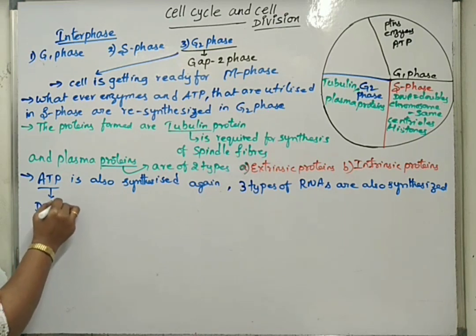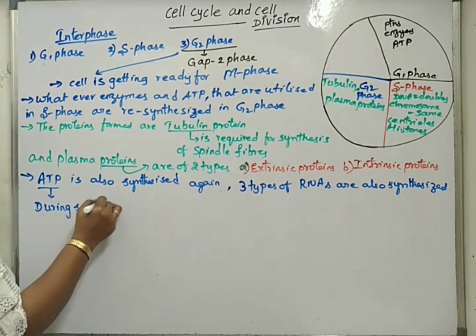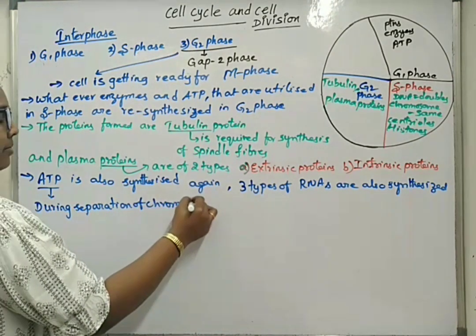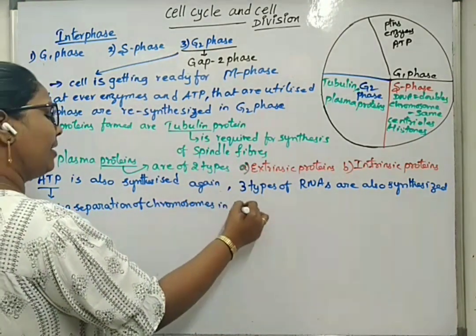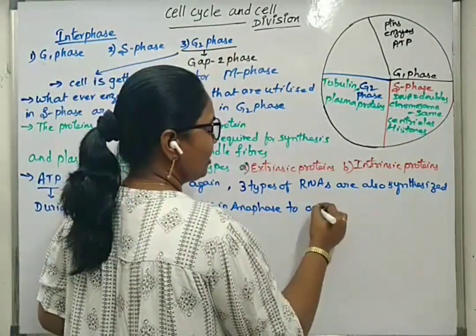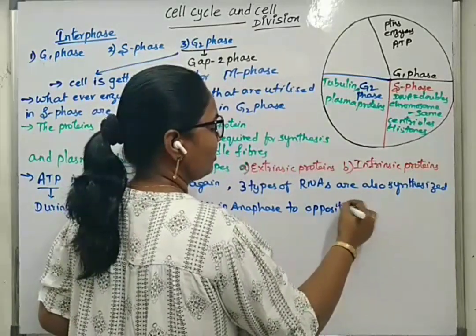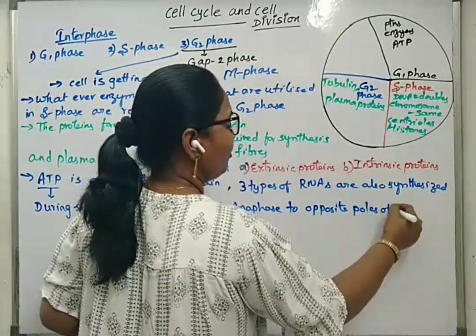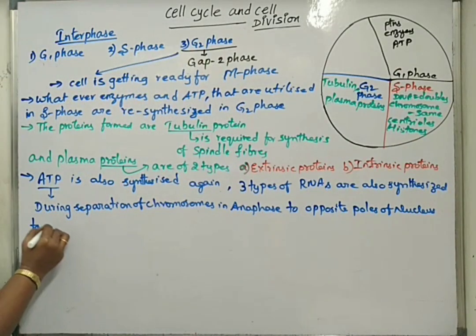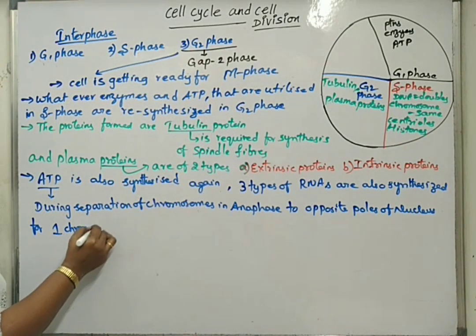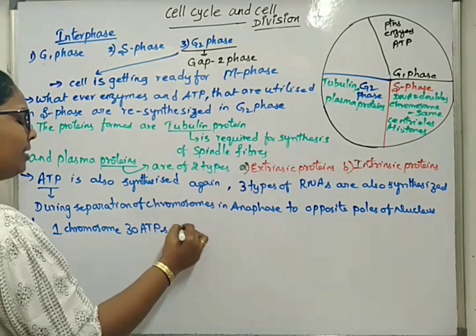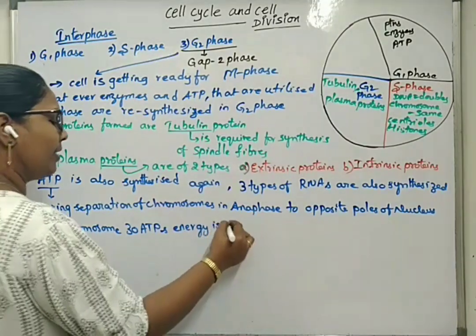During separation of chromosomes, in anaphase, towards two opposite poles of the nucleus, for one chromosome, 30 ATP energy is required.